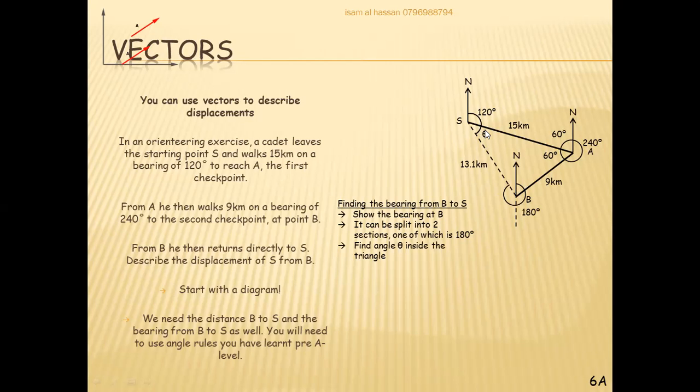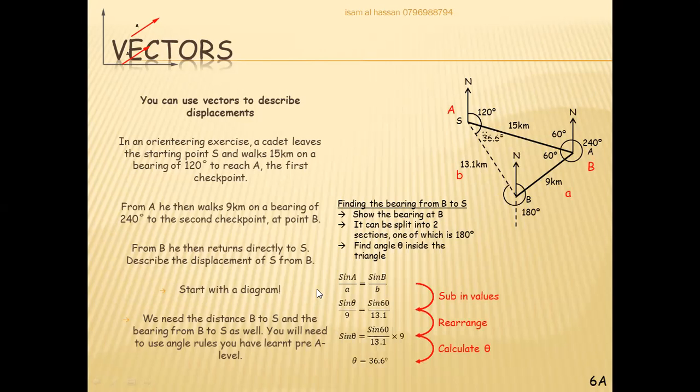So we may use the cosine rule because we have 3 sides over here, or the sine rule, as you know. Substitute the values, then we get theta, which is equal to 36.6. You can now use alternate angles. Now we have a north and a north, the 120 plus 36.6, and then we can find this angle by subtracting from 180.